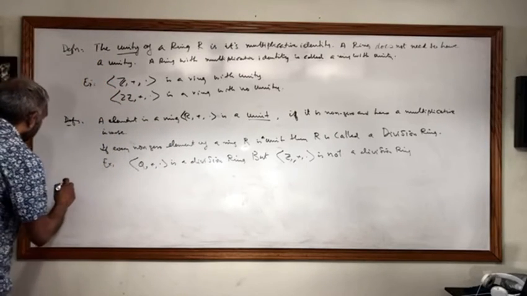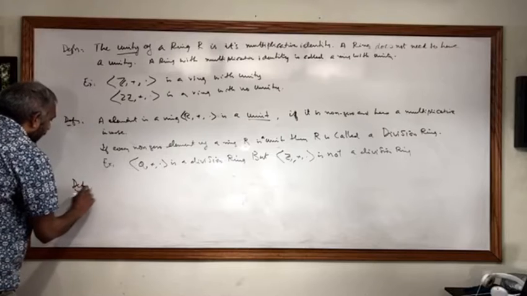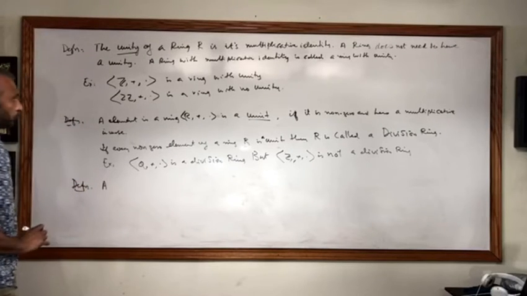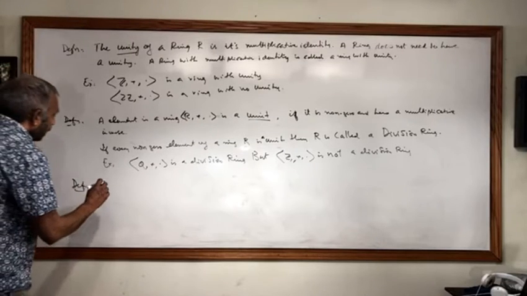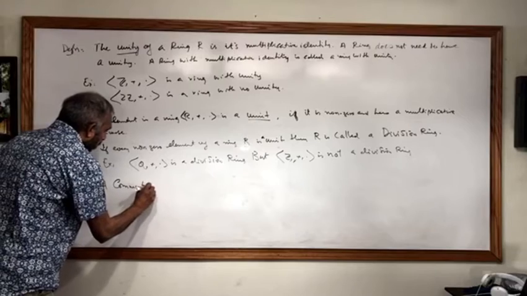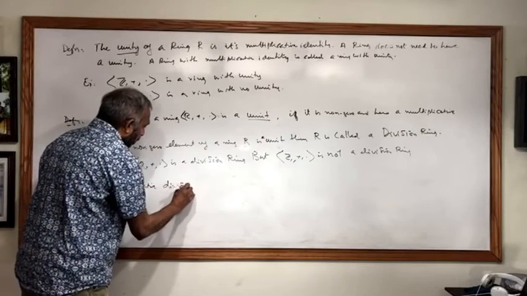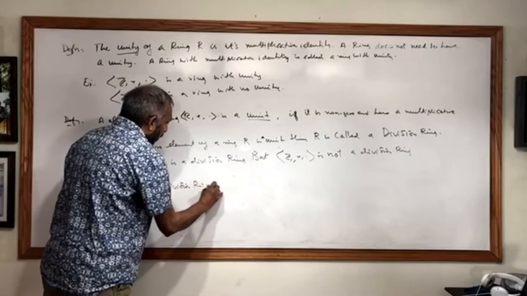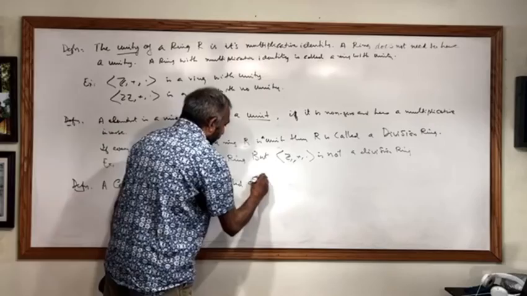Another definition is a commutative division ring is called a field.